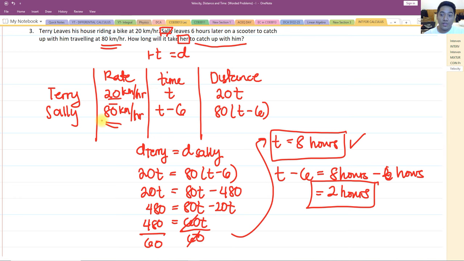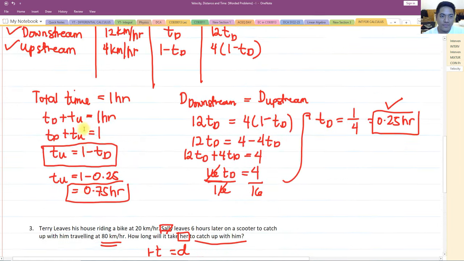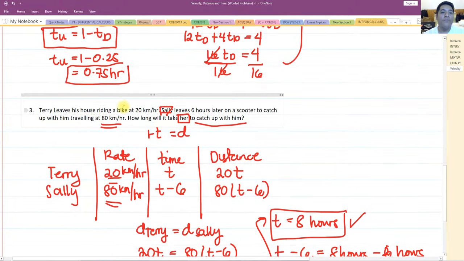So the answer here is 2 hours. It's only 2 hours because Sally is much faster than Terry. As for the reference for Terry, it would take 8 hours before he is caught by Sally. So the answer is 2 hours, not 8 hours, because we are referencing Sally.